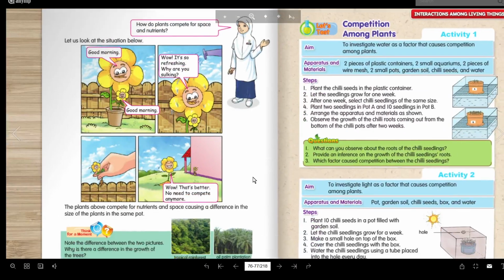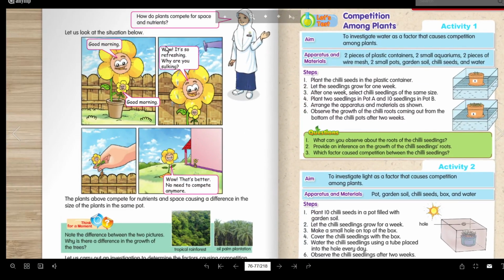Let's see. So, how do plants compete for space and nutrients? If you look at the situation, there is a sunflower. Good morning, and there is a tiny sunflower. They are greeting each other. Now you can see, wow, that's better. No need to compete anymore.